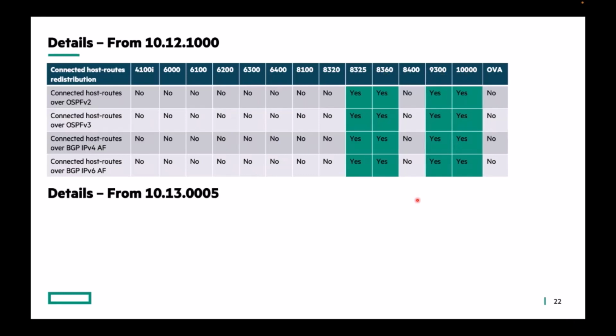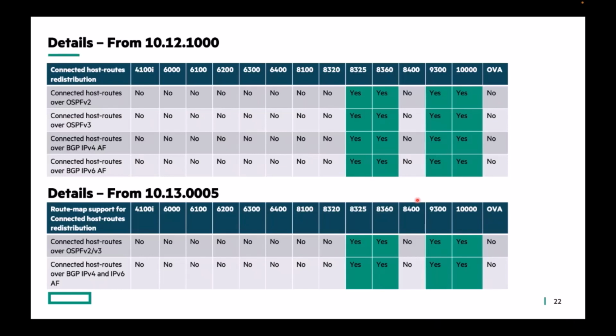From 10.13 onwards, there is route map support for the redistribute host route context. It's an extension to it, so we can control what needs to be redistributed locally as well. Hence the route map, and that is in the 10.13 release onwards on the same platforms, as you see.